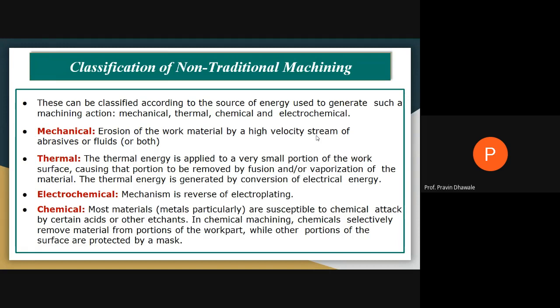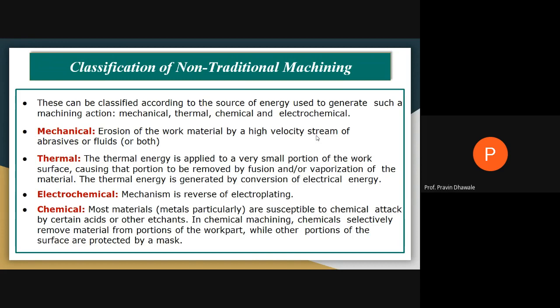Right? So we can classify the non-traditional machining processes based on the type of energy source which is used to remove the material from the workpiece.